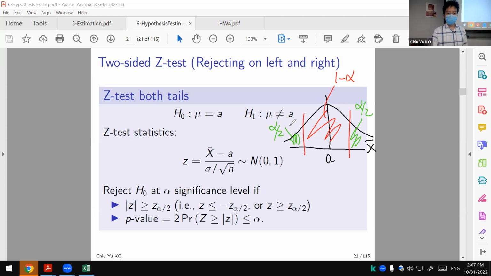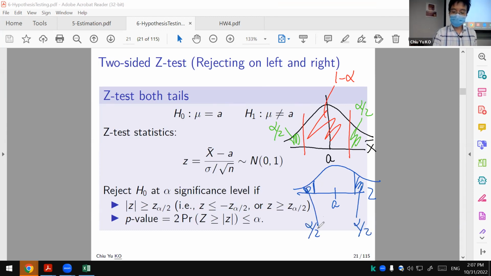Basically later you transform it to the Z. You will be looking at these two areas, each is alpha over 2. This is the first difference.